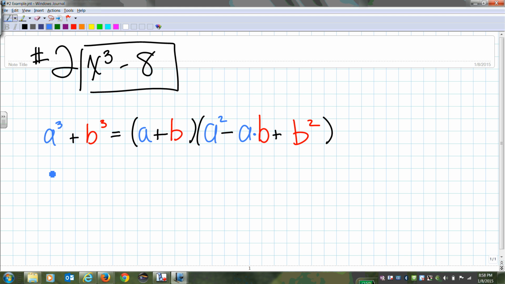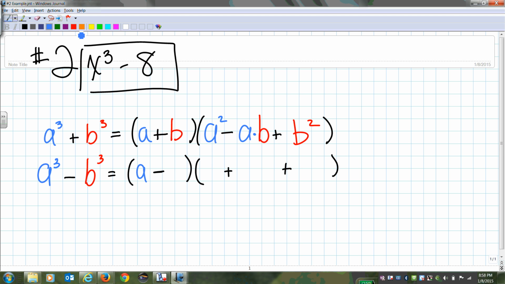And then if there's a minus sign, a to the third minus b to the third, it goes like this. This is going to become minus, and this is plus, and then this is plus. There's a pattern with those signs. I'll show it to you in just a moment.